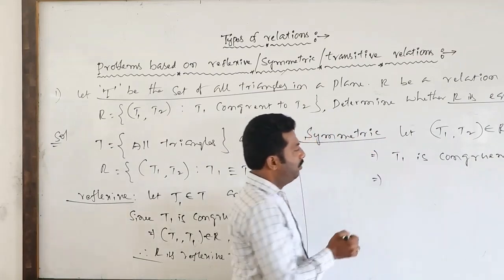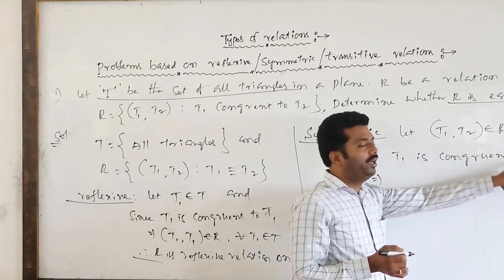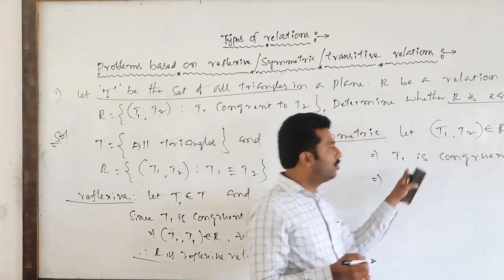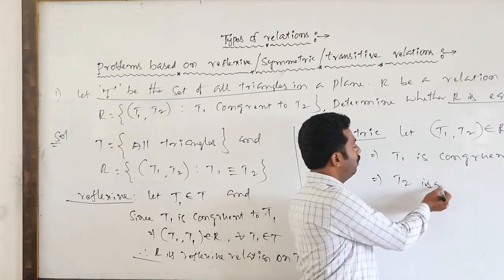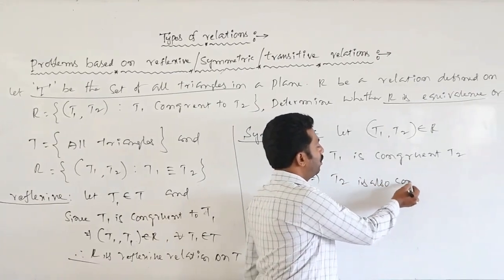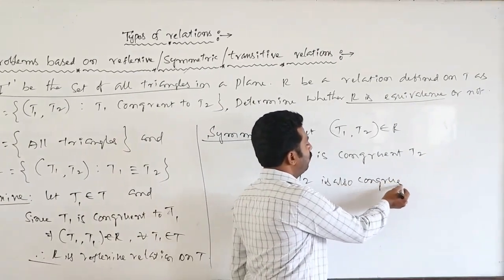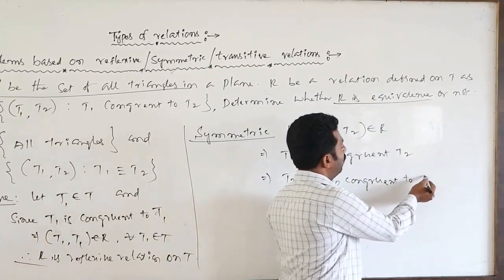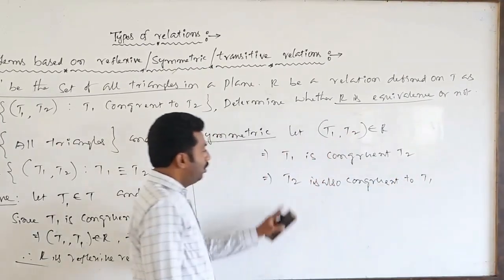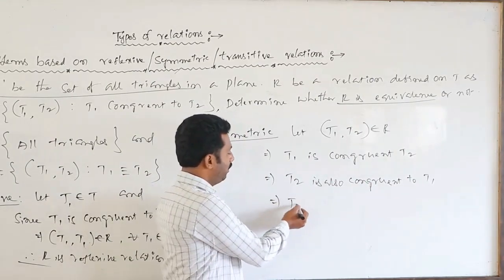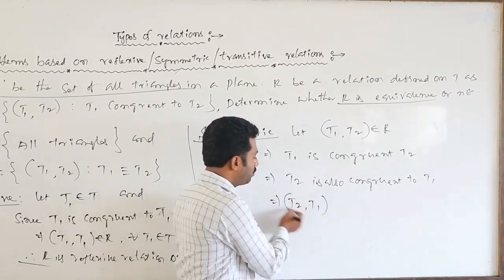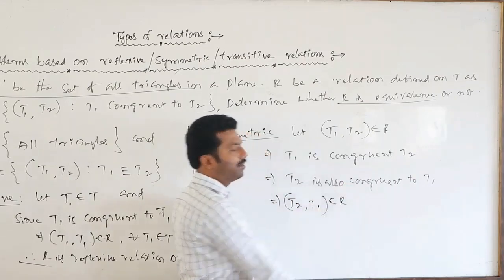So can you say T1 is congruent to T2 means T2 is also congruent to T1? Yes, T2 is also congruent to T1. So T2 is congruent to T1 means we can say that (T2, T1) also belongs to capital R.